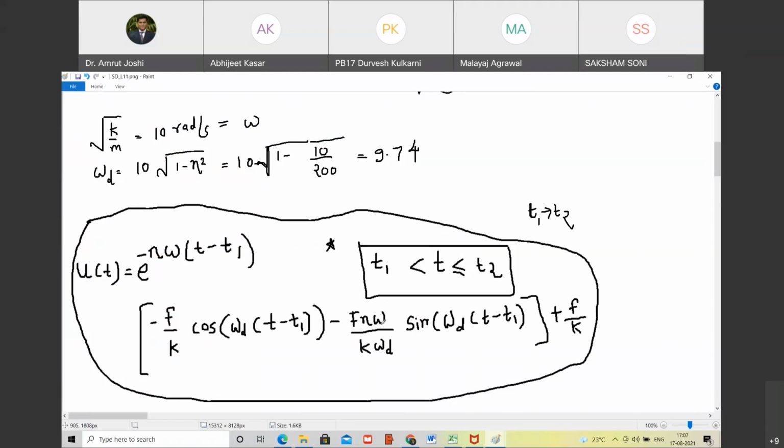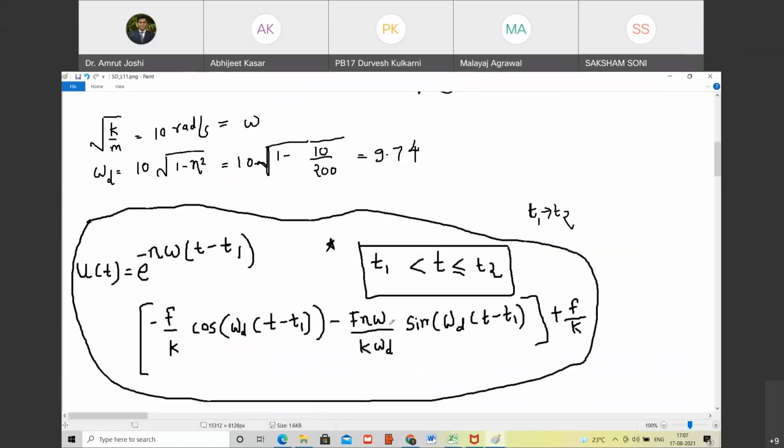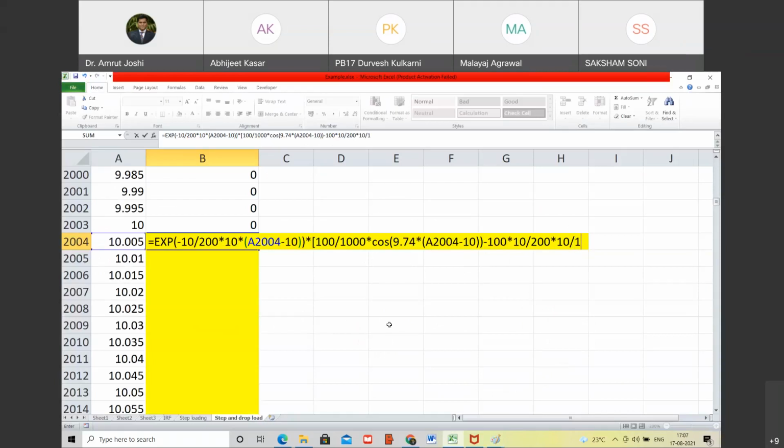So the first term is complete, cos omega d, minus f eta omega. So minus f is 100, eta is 10 by 200, omega is 10, f eta omega divided by k, k is 1000, divided by omega d, which is 9.74.